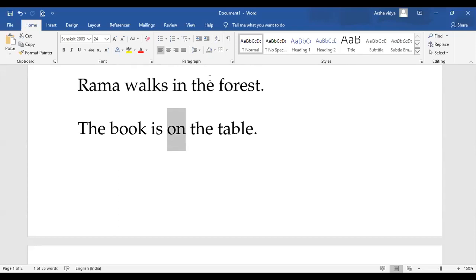Listen carefully, these prepositions are built into the Namapadam. The meaning of the prepositions is built into the Namapadam itself.